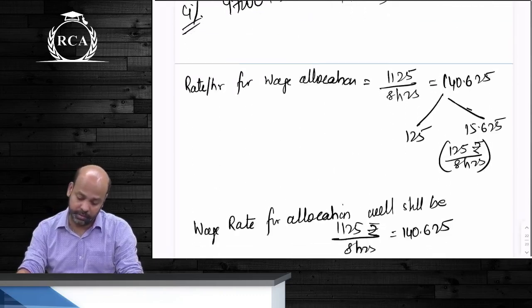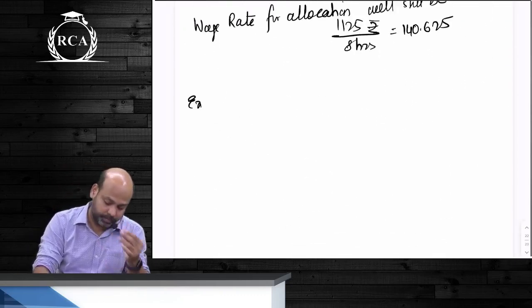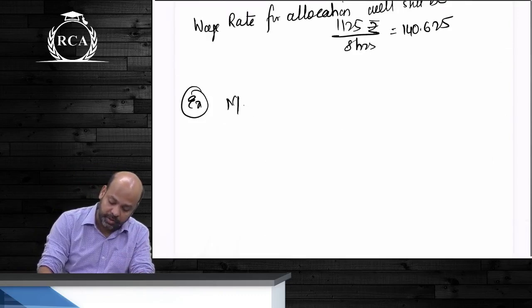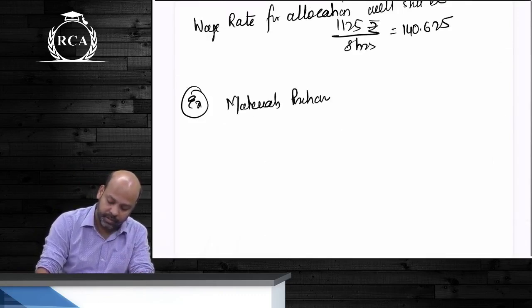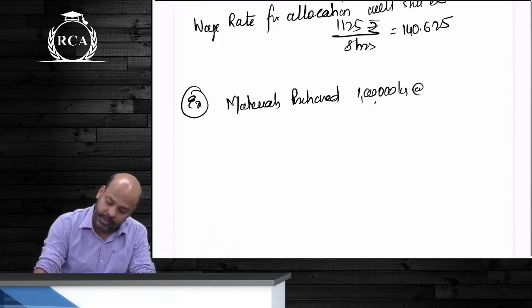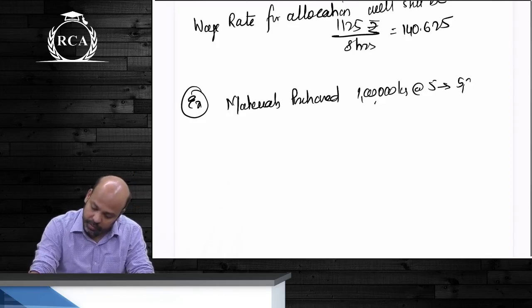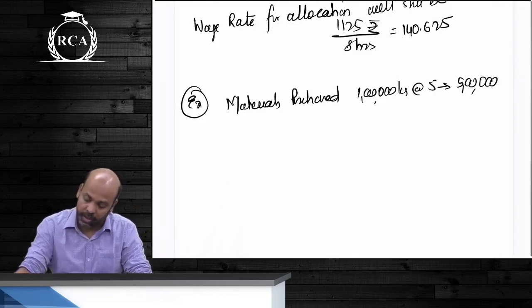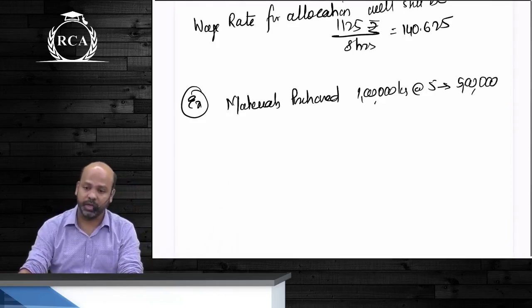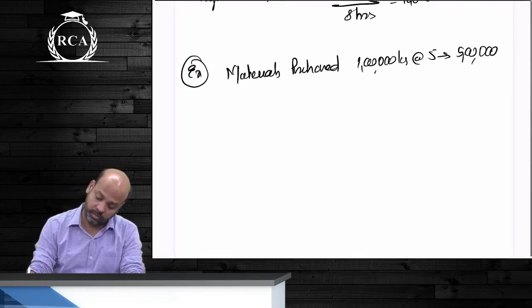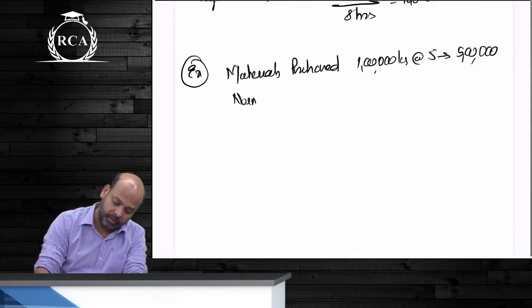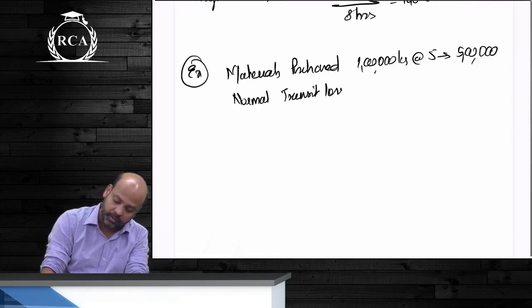Next example. Materials purchased: 1 lakh kgs at 5 rupees, 5 lakh rupees. Normal transit loss 4%.